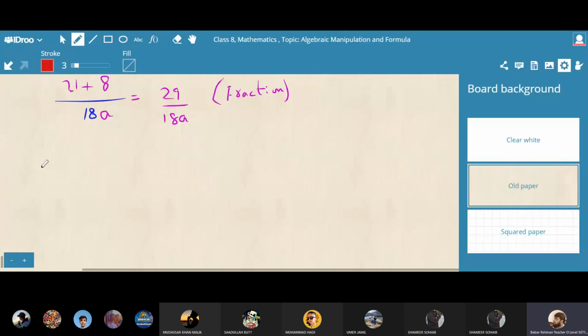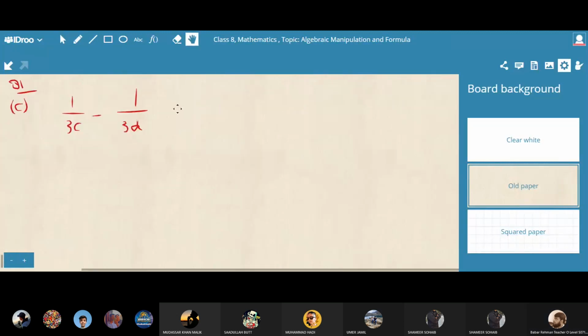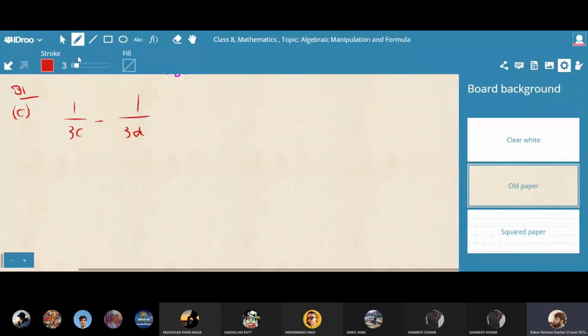So you write both variables. Look at this, the C part of question number 1: 1 upon 3C minus 1 upon 3D. Remember, my students, first of all we have to consider what the LCM is. It is 3, and now there are two different variables, so I take CD.